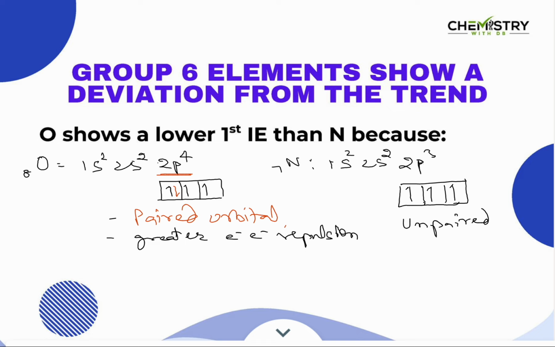So it becomes easier to be lost. No such thing is present in the case of nitrogen, and therefore oxygen's first ionization energy is going to be lower than that of nitrogen because the electron is easier to be lost.